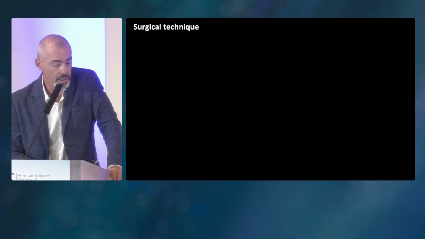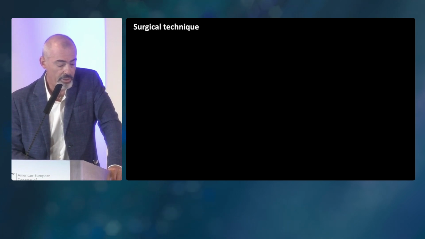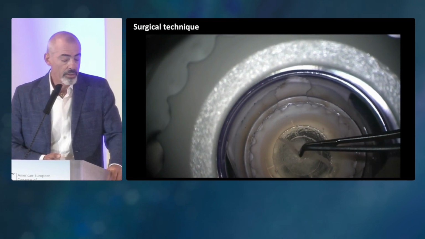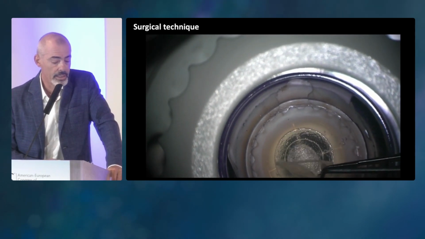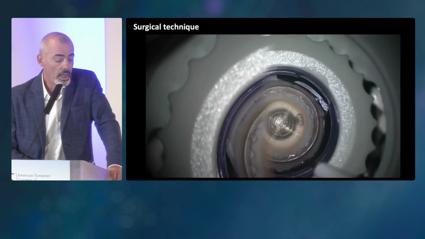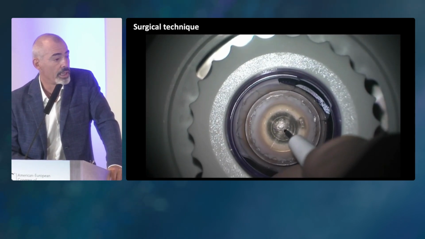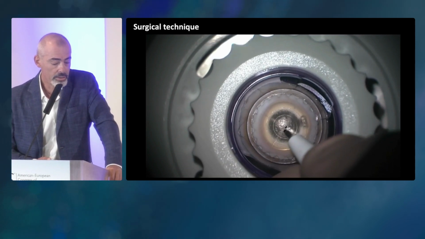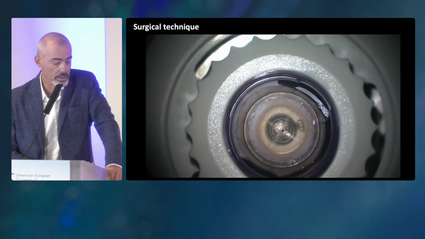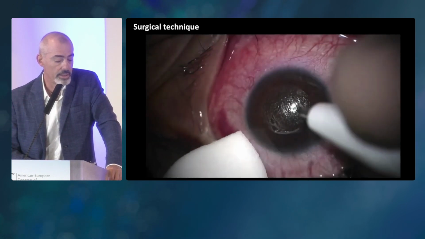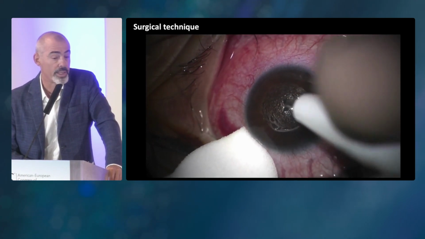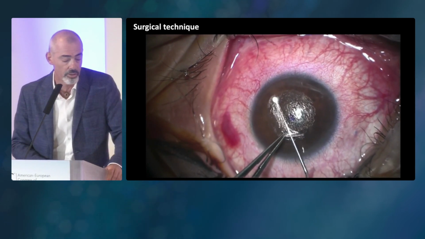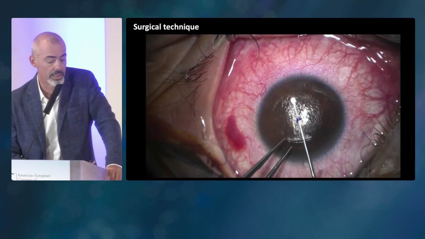The surgical technique is very easy. First of all, we create the lenticle. Then we mark the center of the lenticle because we are positioning the lenticle in the ectatic area. So this is the center. Then we pass to the patient. At the same time, we mark the center of the ectasia, not the center of the cornea. This case is a quite central keratoconus.